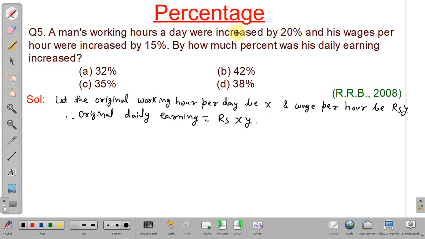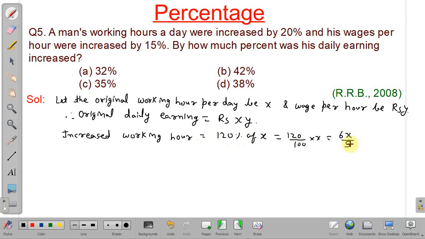Now it is given that working hour is increasing by 20% and wage per hour is increasing by 15%. So increased working hour will be equal to 120% of x. So it is equal to 120 by 100 into x, or it can be written as 6x by 5.